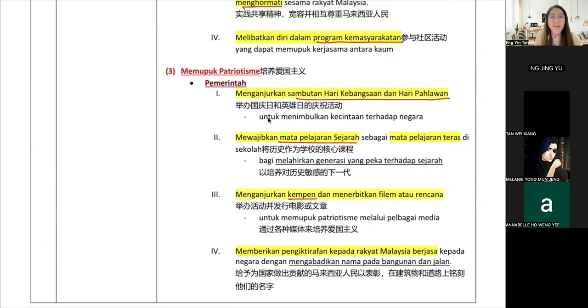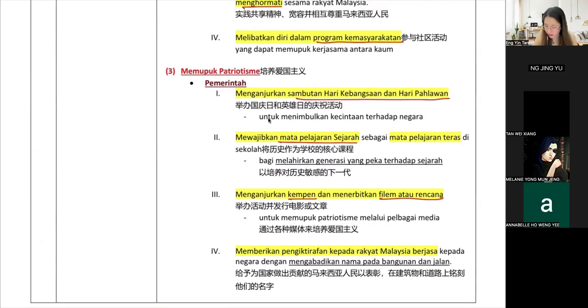I saw before, the students every time give me the same answer, don't care what the question is asking. Every time, campaign kesedaran. I know what you guys are thinking. Normally you guys like to write campaign. So campaign, film, rencana. Okay, you see, don't just write campaign lah. Write like film, rencana, brochures, article.